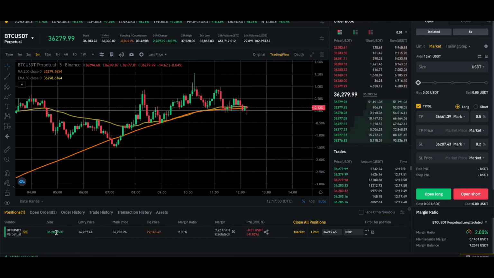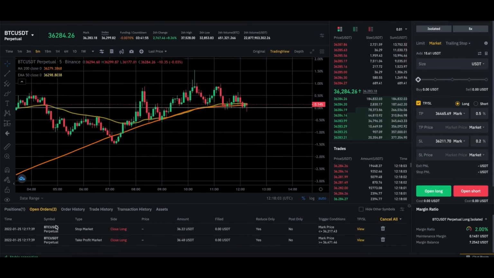So here's our position. Here's how much we've got on, the entry price that we went in at, the price that it is now, and then it tells you your profit or loss. But what it's also done is, you can see here, it's opened up 2 orders.